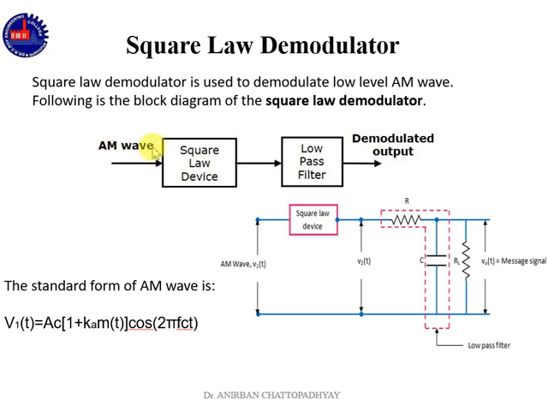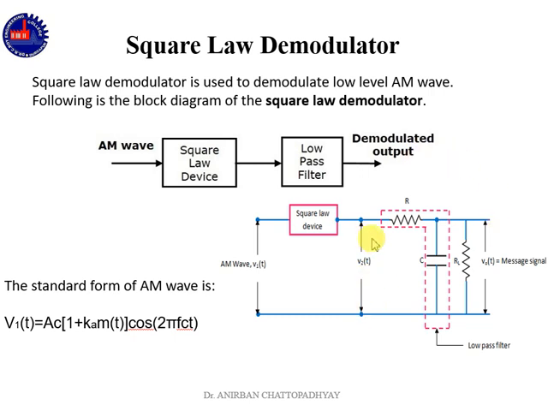We give that AM signal to a Square-law device, where we use the Square-law principle that we have already seen in the Square-law modulator circuit, and the output of the Square-law device goes to the low pass filter, LPF, and from the output of the low pass filter we will get back our original message signal or original information.